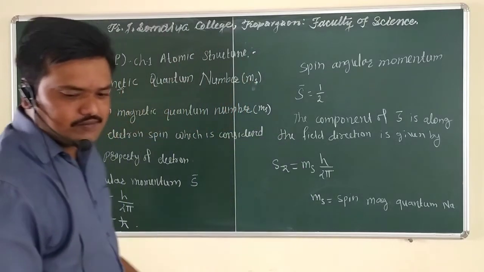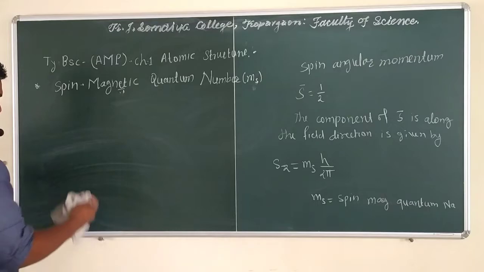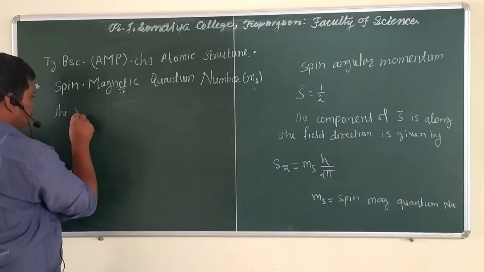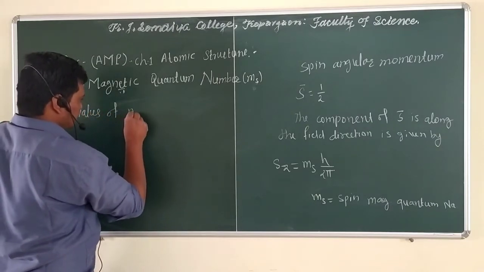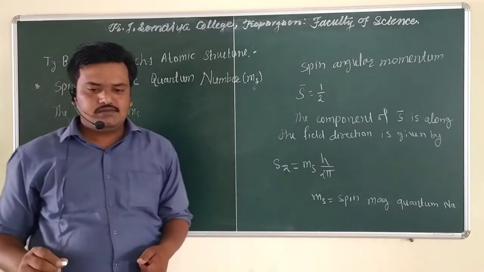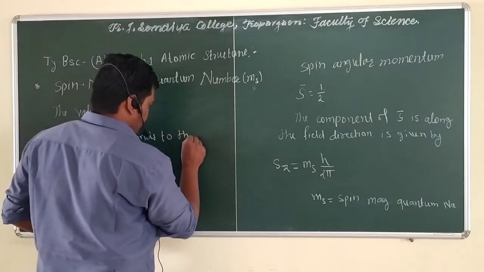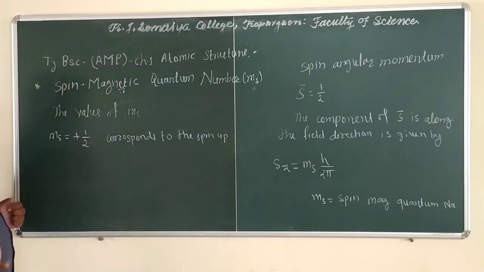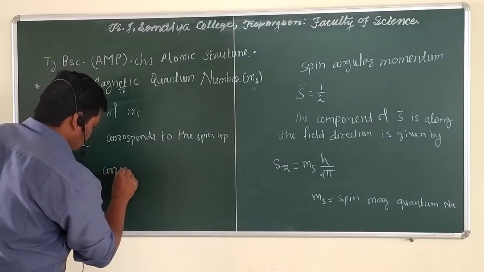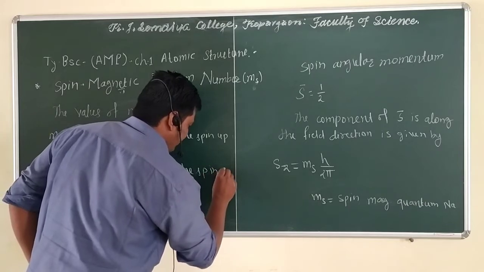And the value of ms is equal to what? So the values of ms: ms is equal to plus half, which corresponds to the spin up, and the value of ms is equal to minus half, which corresponds to the spin down.